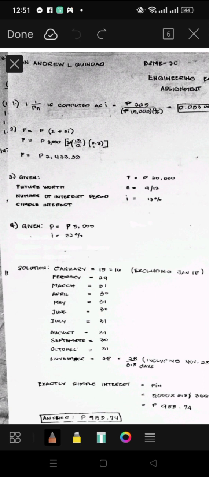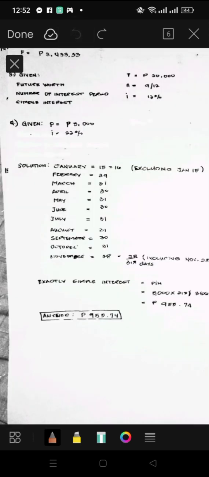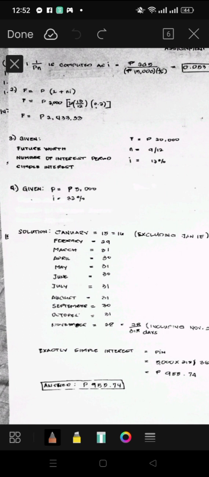To find the future amount, we must use the simple interest formula: F equals P times the quantity 1 plus n times i. So we state the givens first. P, the principal of the loan, is 2,000. n is equal to 13 over 12, since 13 is the duration of the loan period and 12 months is 1 year.